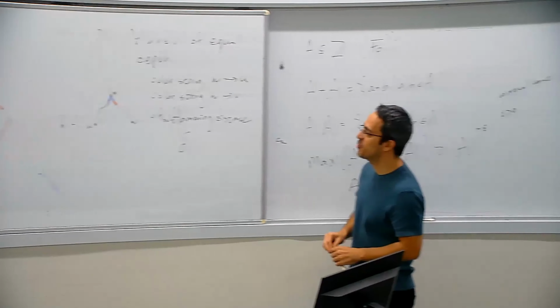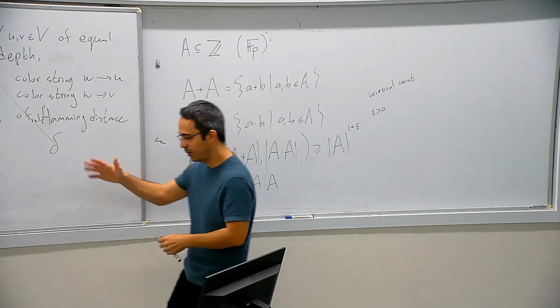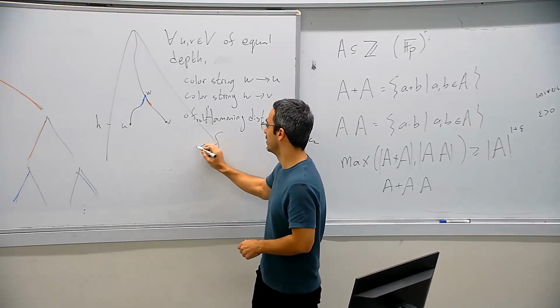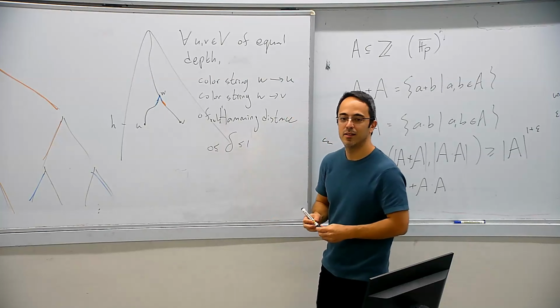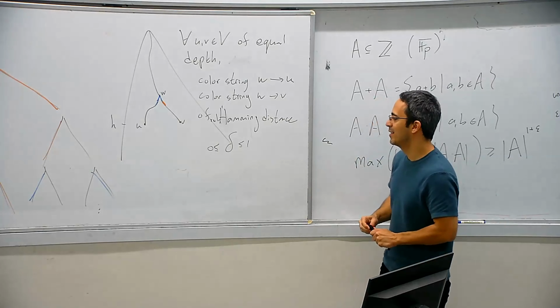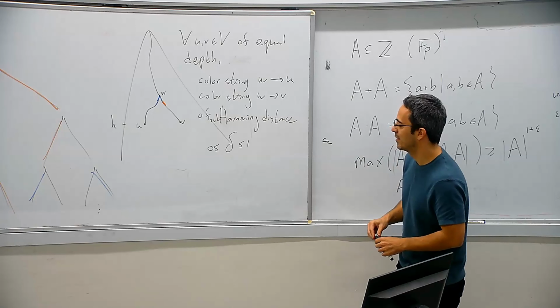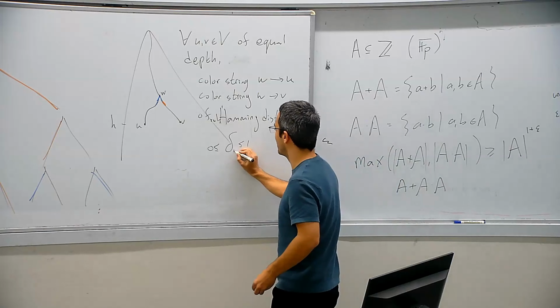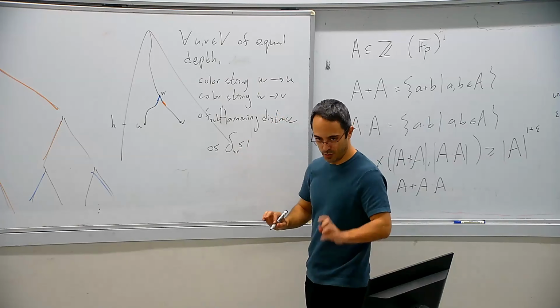So you want to color the infinite tree. The delta, you should think of it as between 0 and 1. It could be 1. Take two vertices at the same depth, and the distance is relative to the length.